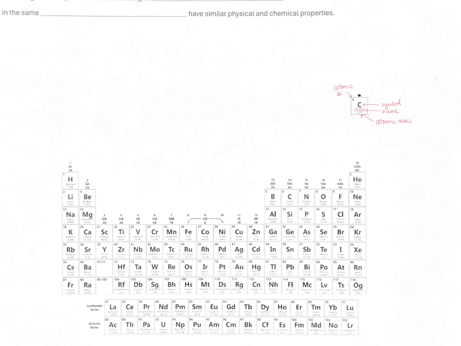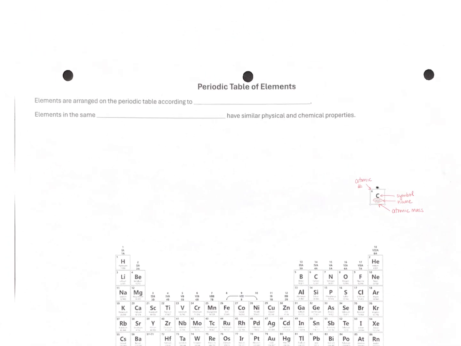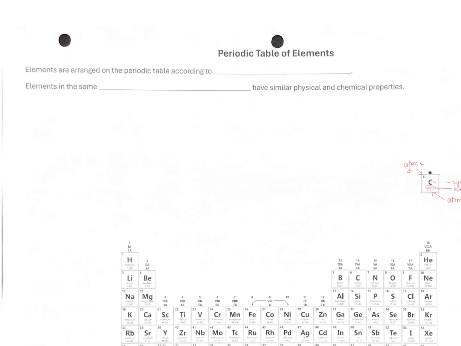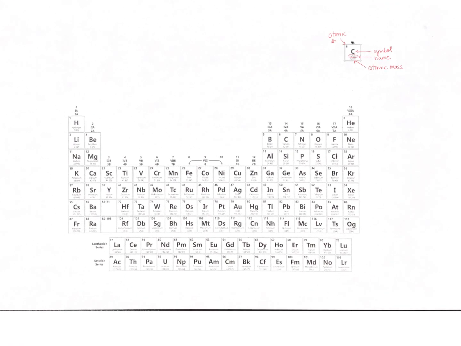All right, so a comment then that we can fill in the blank up here. Elements are arranged on the periodic table according to increasing atomic number. So you'll see that, as I already pointed out, the numbers increase from 1 to 118 as you read across.